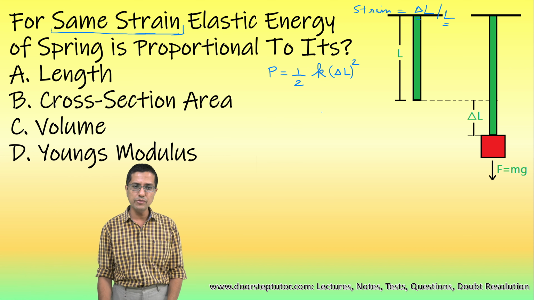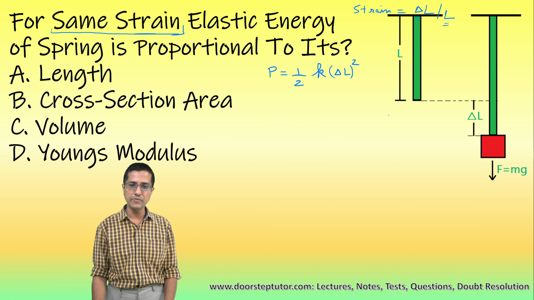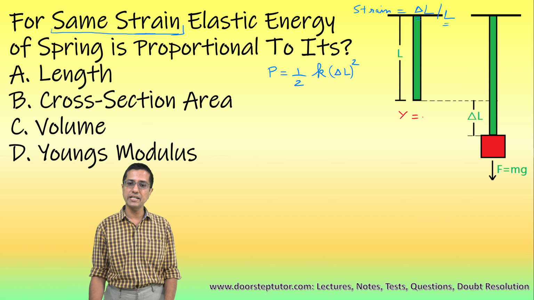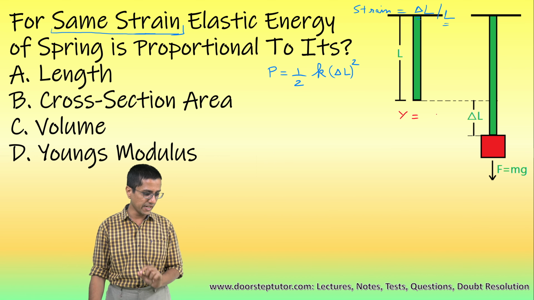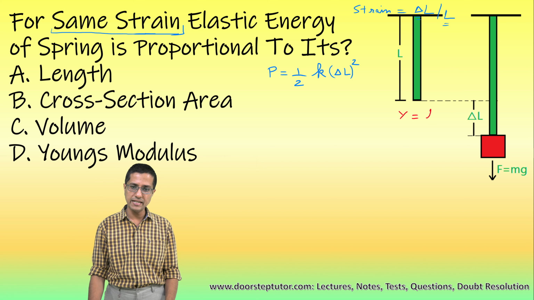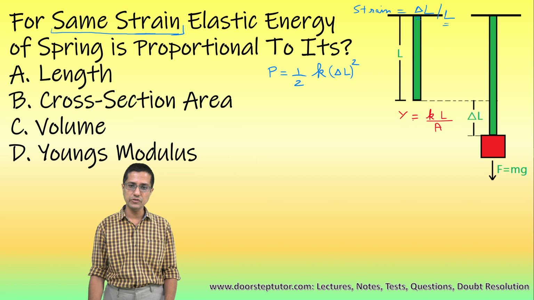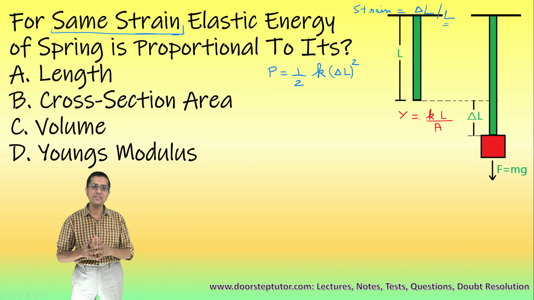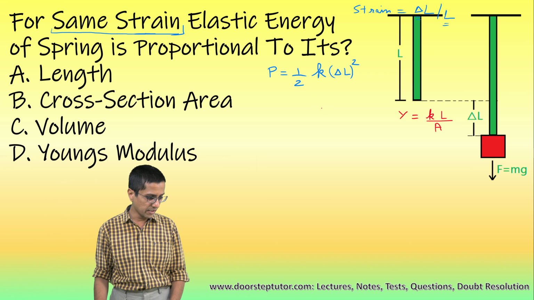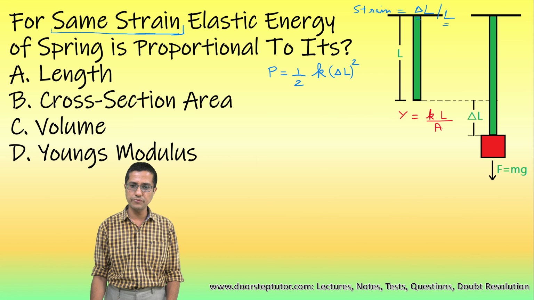For that, we have to use another formula that we have studied, which relates our Young's modulus Y with our spring constant K, and that is Y equals K L by A. Now we can make a small change to it.